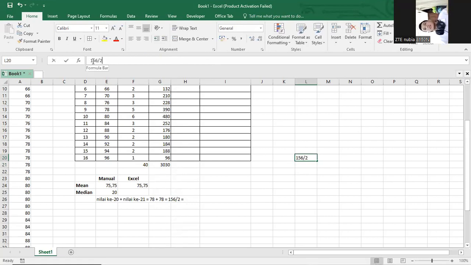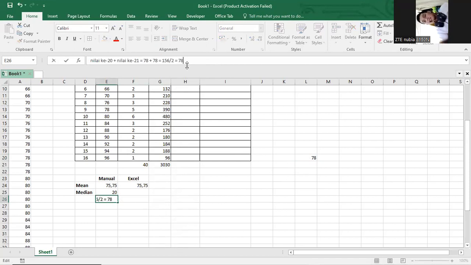Oh, I'm sorry, I forgot the equals sign here. It is 78. So the median is 78.